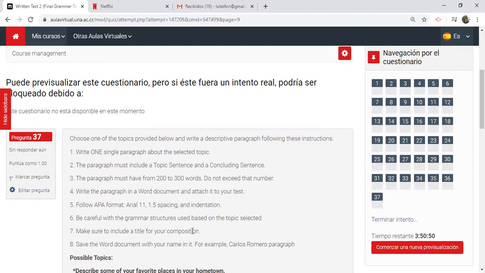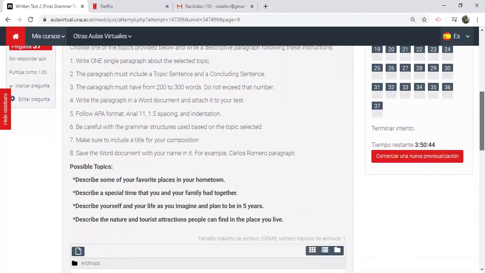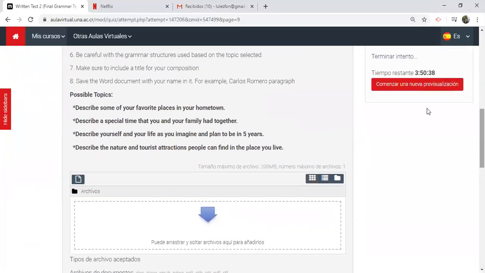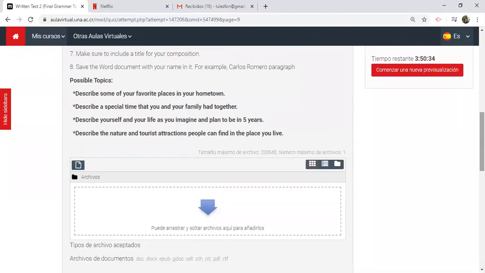You save the document, you upload it here in Aula Virtual following these instructions, and that's what I'm going to check. Here you have the space to upload the document. Here you have the topics, you choose only one. Just make sure to use the appropriate grammar structures. If you choose number one, for example, you will probably use more simple present, maybe present continuous.